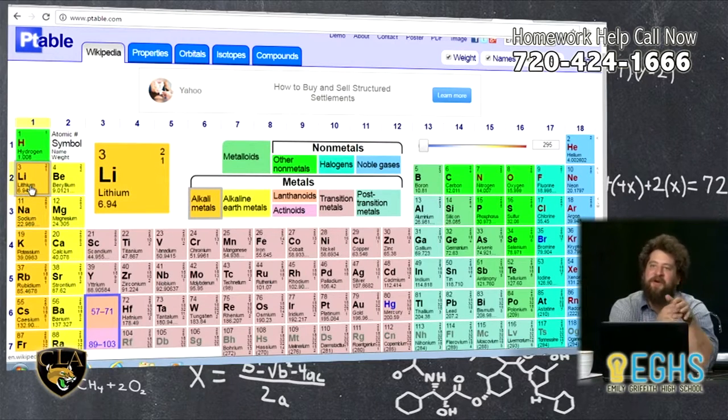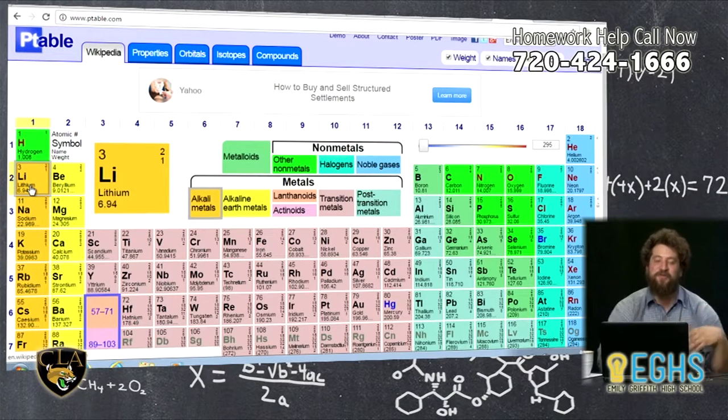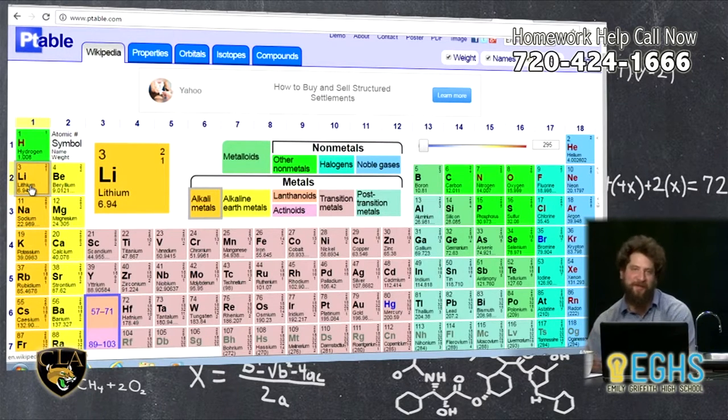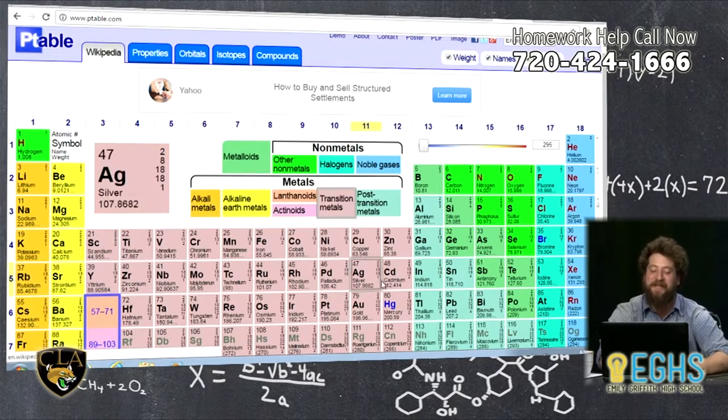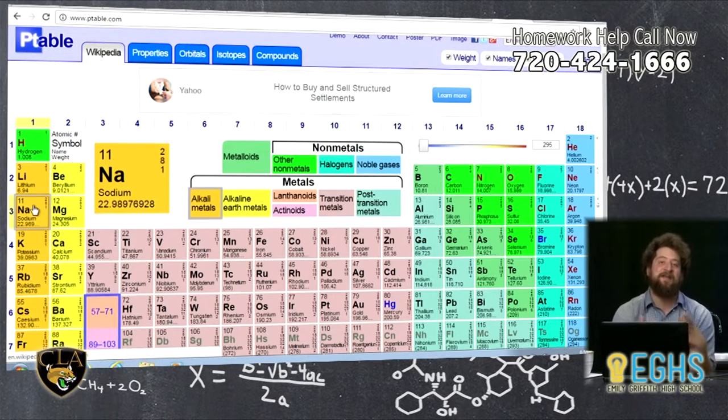So the periodic table is organized in such a way that as you move from left to right on the periodic table, and this is general, the rules get more complicated as you get more in depth with it, but we'll keep it simple. As you move from the left to the right, sort of skipping this middle area here, you add an electron to the outer orbital or electron cloud that element has.